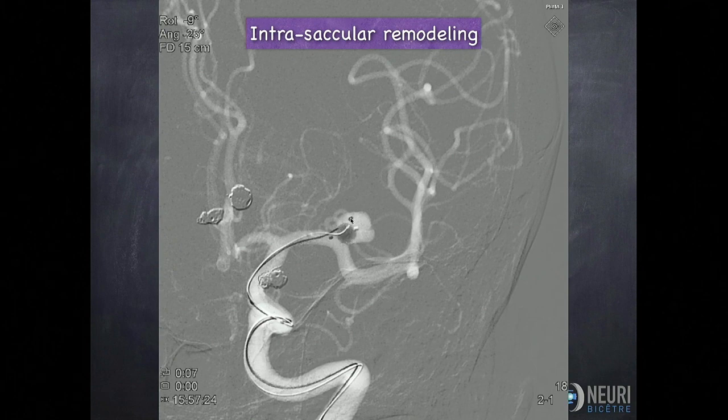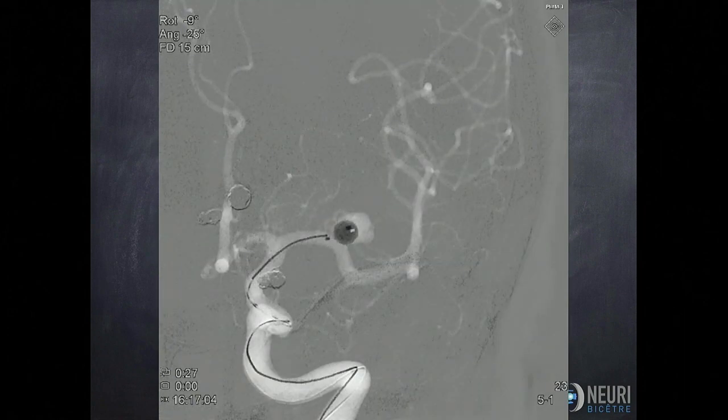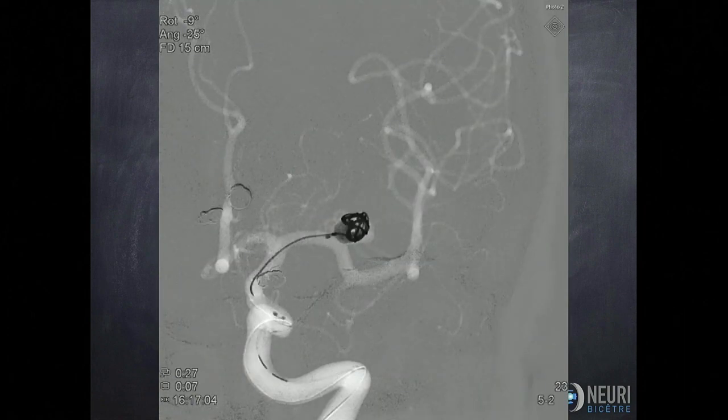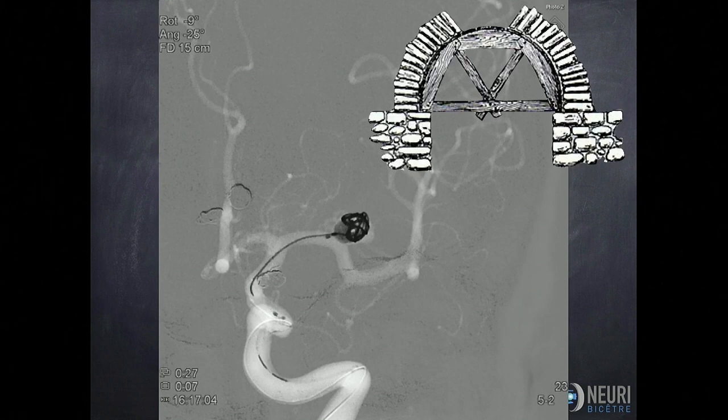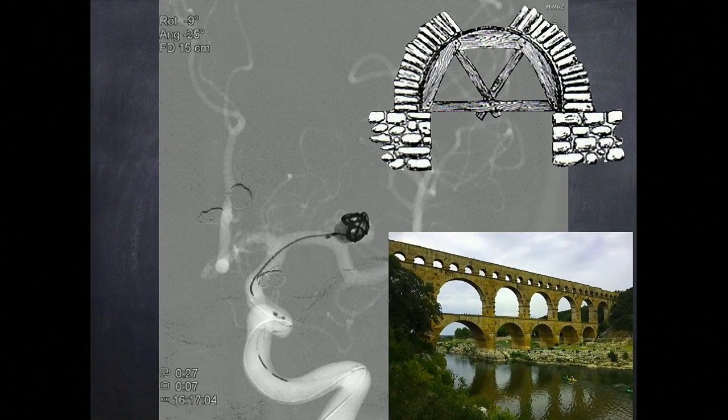But once again, you recognize the specific shape of the basket of the coil, which is stable inside the sac of the aneurysm, just to have an arch which is stable against the wall of the aneurysm. So the balloon helps you to obtain this constraint. And as far as you deflate, it remains like that.